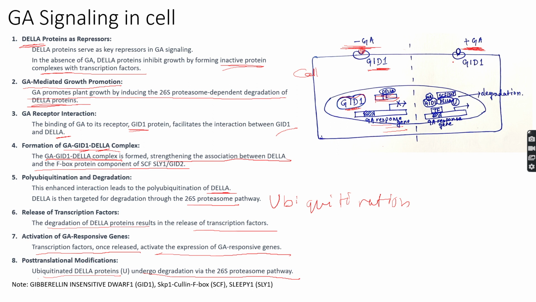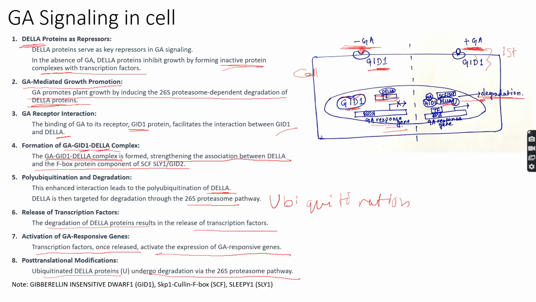But when GA is present, the GA-GID complex will be formed first, then this complex will move and form the GA-GID-DELLA complex. The GA-GID-DELLA complex will now join with the SCF SLY1 complex, which is responsible for the ubiquitination of DELLA protein, and that will lead to the degradation of DELLA protein.